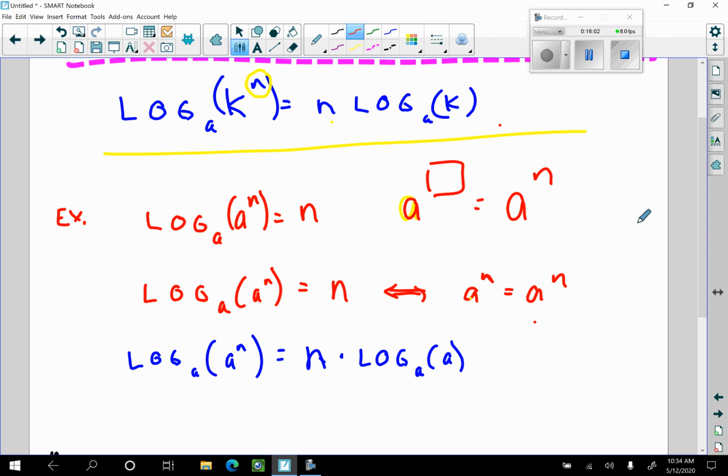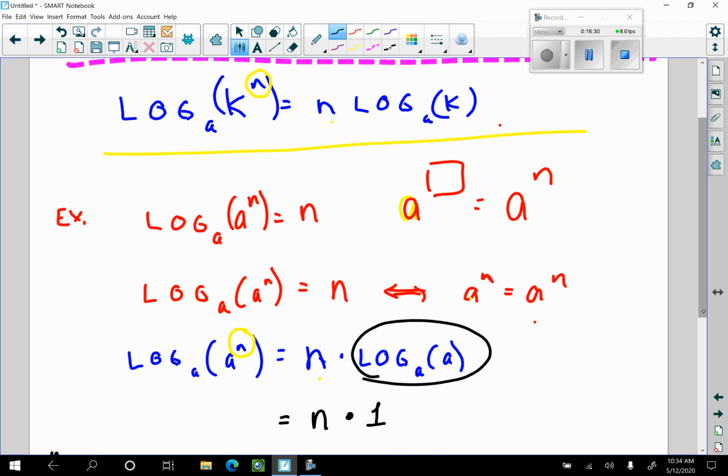Well, if I use the power property, I have log base A of A to the n is equal to, I'm going to take this exponent here and pull it down in front, and I have n times log base A of A. What is log base A of A? That's equal to 1, because A to the 1 power is A.